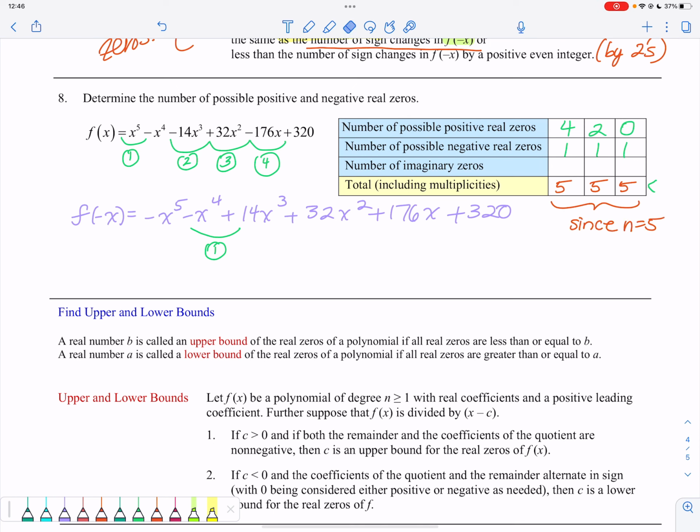So now we'll just fill those in. So we can say that the imaginary zeros in this case is 0, in this case is 2, and in this case is 4. And note, all of these are even numbers since imaginary zeros come in pairs.